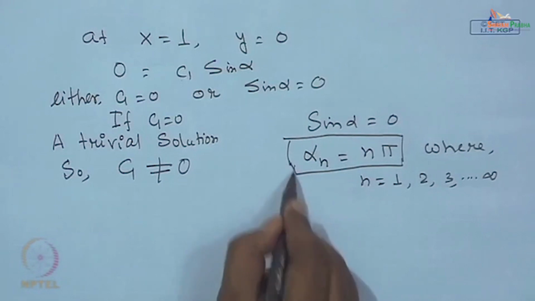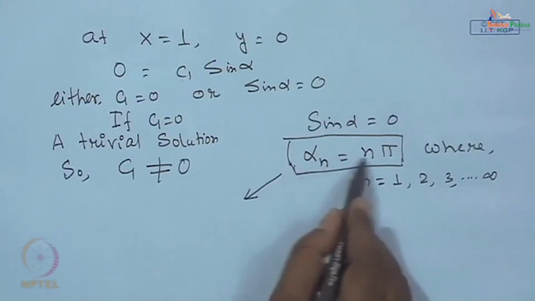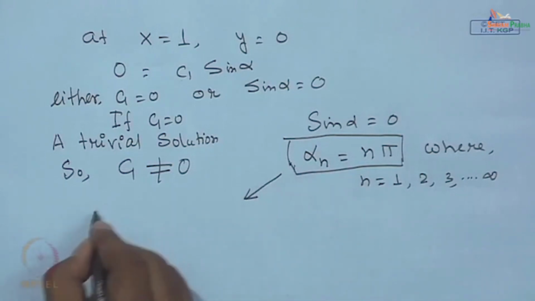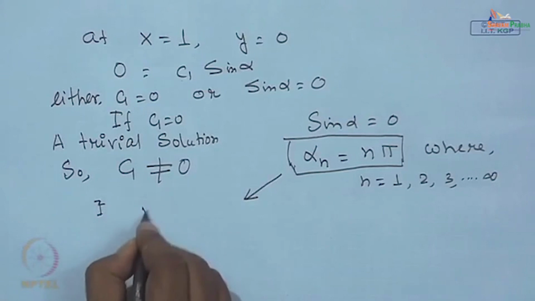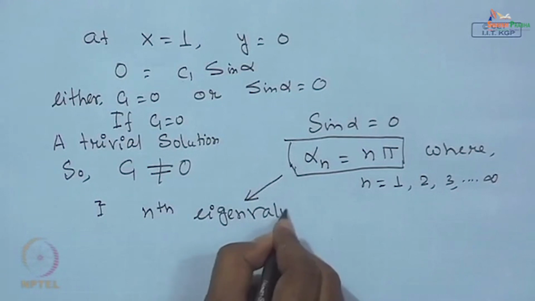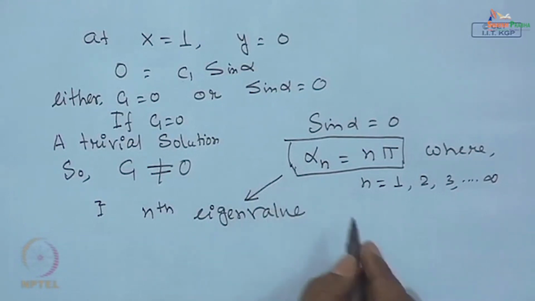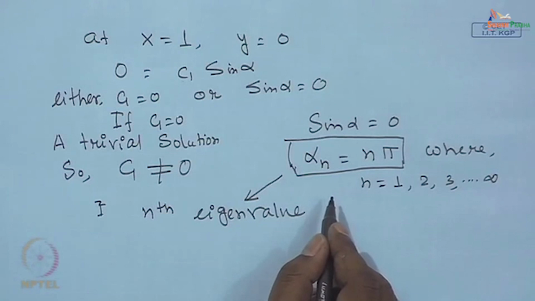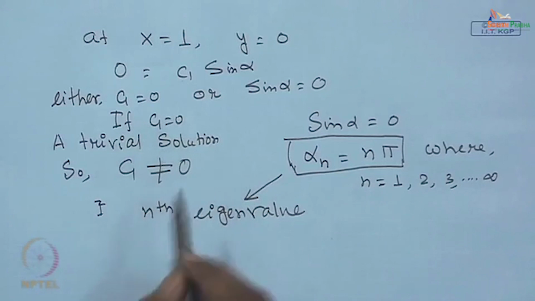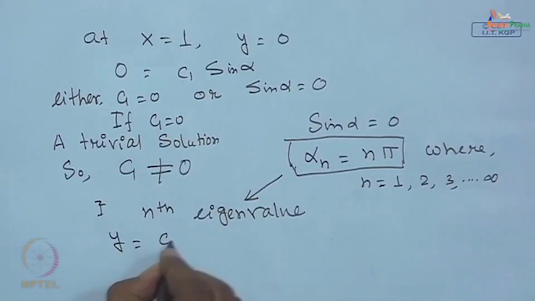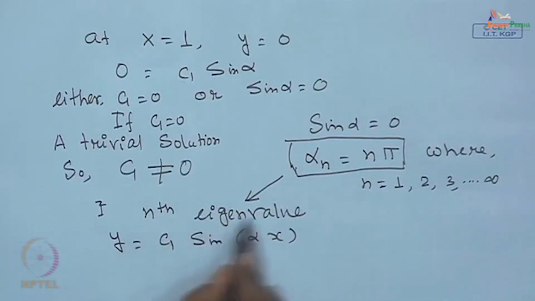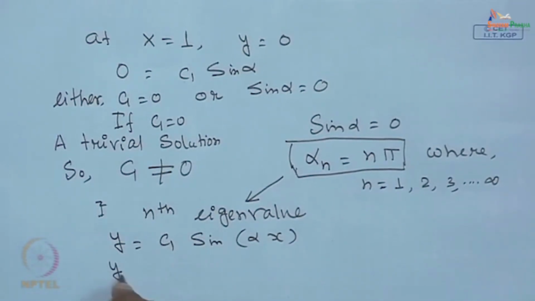Now, for each value of n, the corresponding values of alpha are known as the eigenvalues. So, this is the nth eigenvalue of the system, and what is the corresponding eigenfunction? If you look into the solution, the solution was C1 sin alpha x. So, corresponding to the nth eigenvalue, we will get the nth eigenfunction.